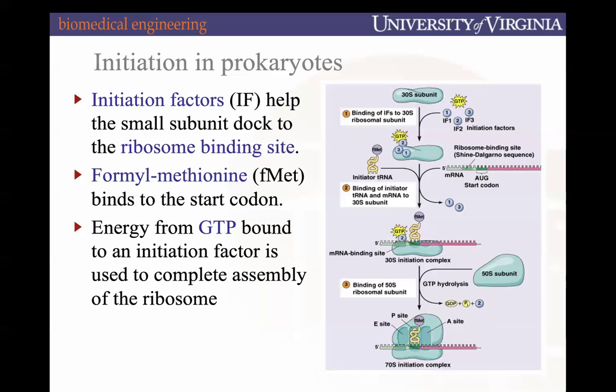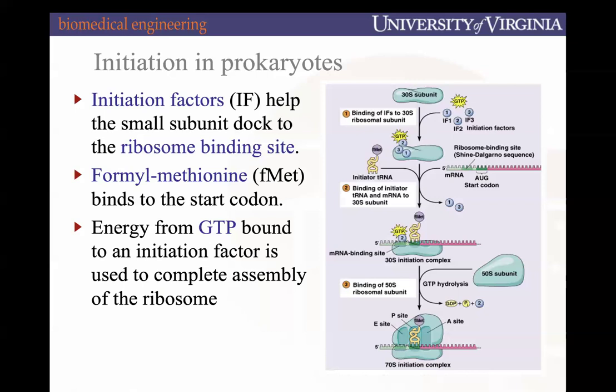And all of this is what constitutes initiation. And that formylated methionine transfer RNA is going to be loaded in the P site here because it has the first amino acid.